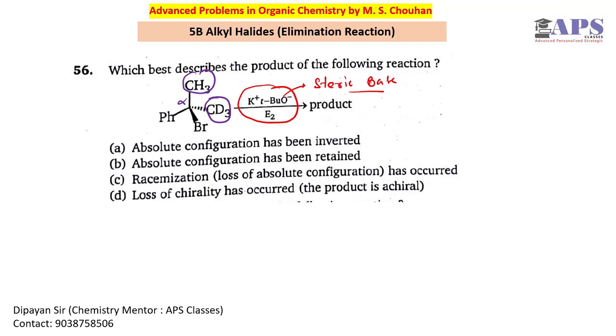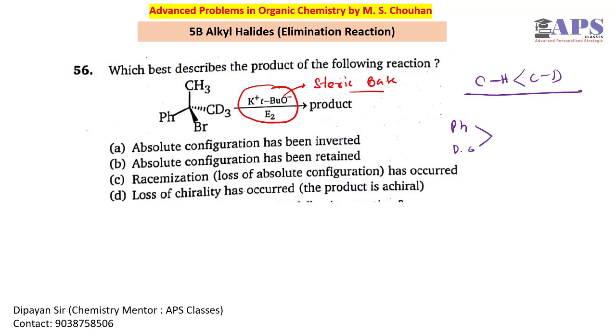We have two beta positions, but we have to remove hydrogen, not deuterium. Why? Because the CH bond is weaker compared to the CD bond. The CD bond is a stronger bond, so it is difficult to dissociate the CD bond compared to the CH bond. So the final product will look like this.